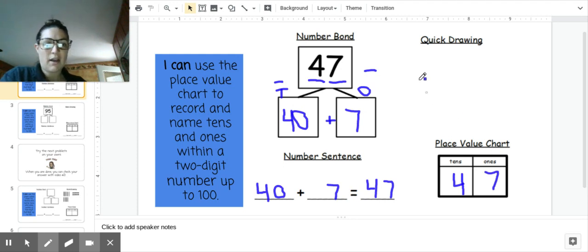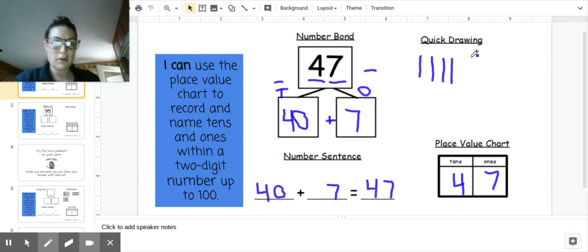Right? Now, the fun part is the quick drawing, okay? When we're drawing a 10, we're going to want to make it look like a 10 stick, just like those blue place value 10 sticks and our blue units cubes. Okay, so we've got 10, 20, 30, 40, and then we've got 7 ones.